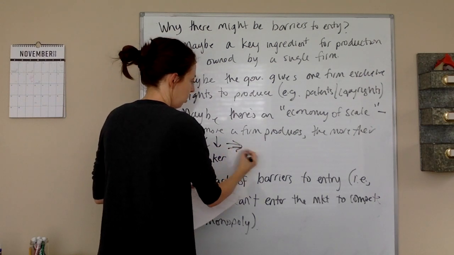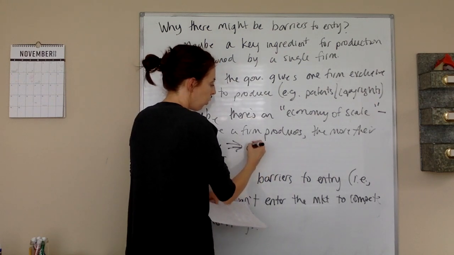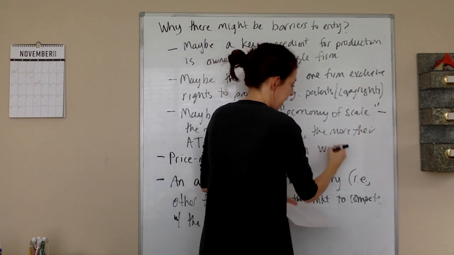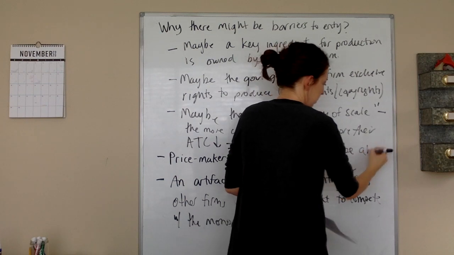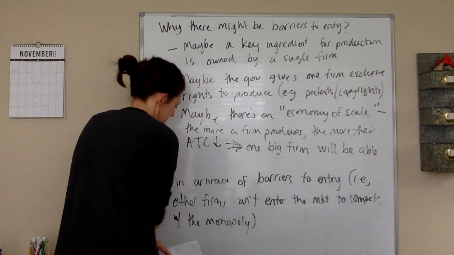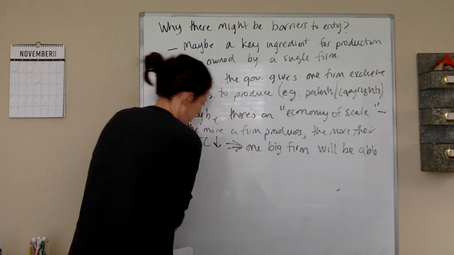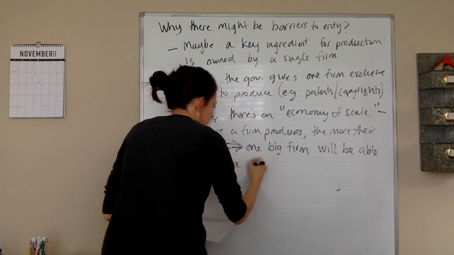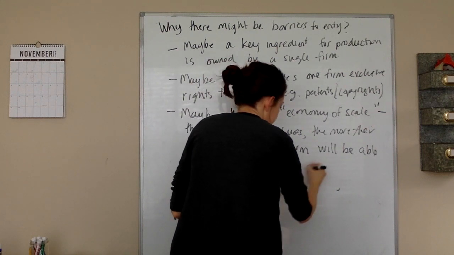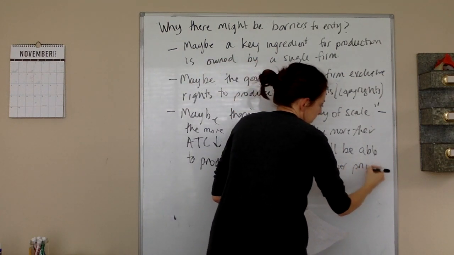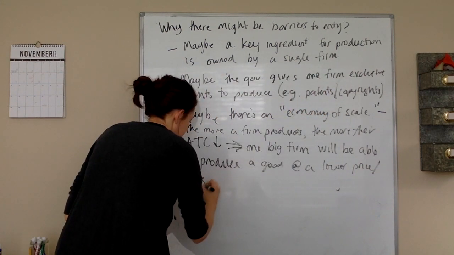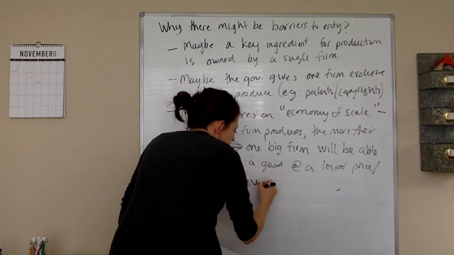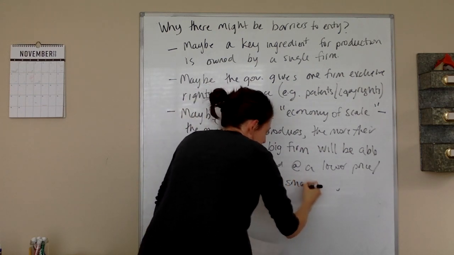And when this happens, what this leads to is the fact that one big firm will be able to produce a good at a lower price, or really cost, because you can price down your cost, than multiple smaller firms.